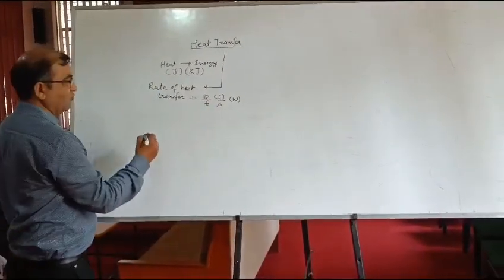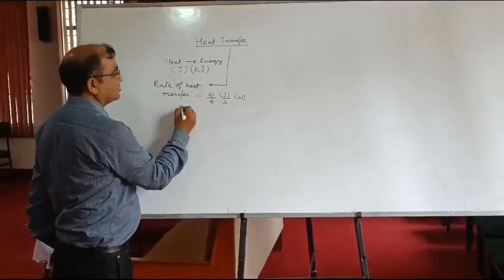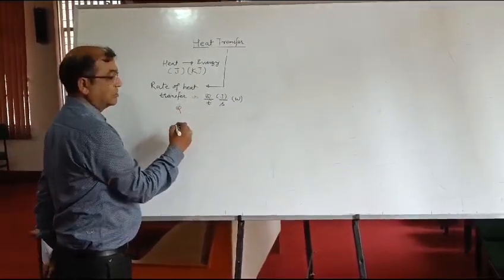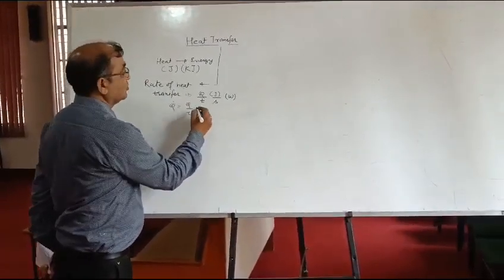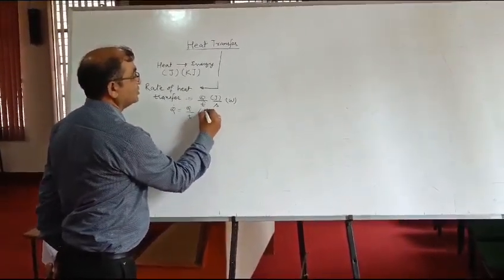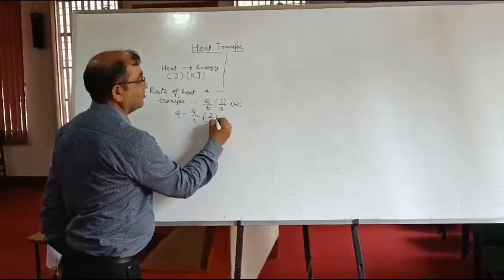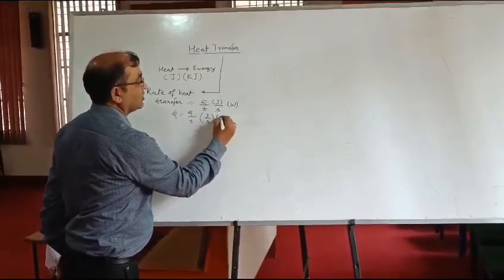So the unit of this heat transfer Q dot, which is Q by t, is joule per second, which is nothing but watt.